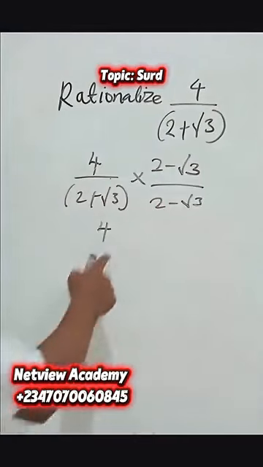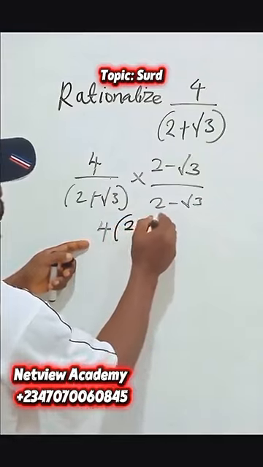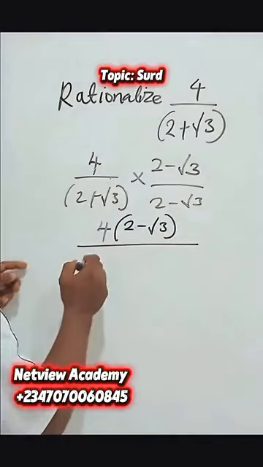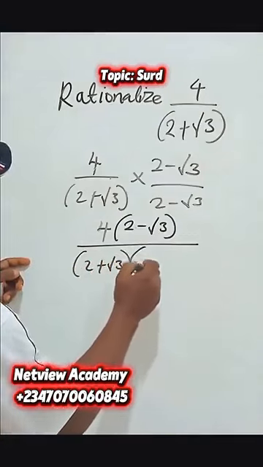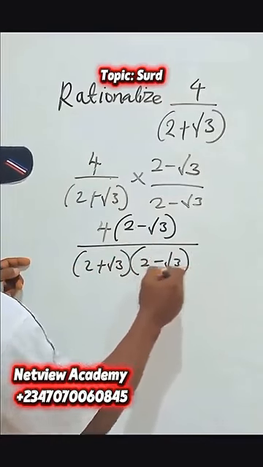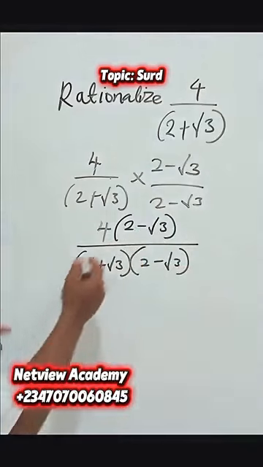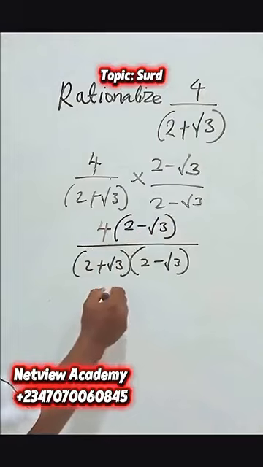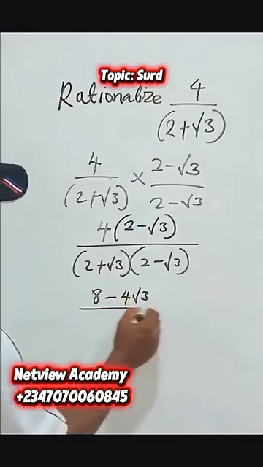This is the same thing as 4 multiplied by 2 minus root 3, all over 2 plus root 3 multiplied by 2 minus root 3. So this is the same thing as, if we use 4 to multiply everything inside this bracket, this becomes 8 minus 4 root 3 all over.